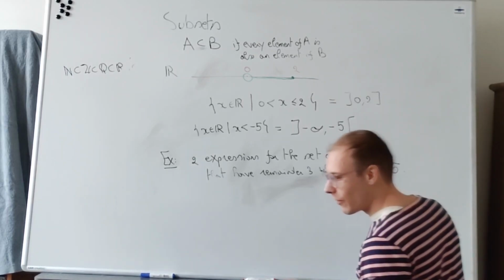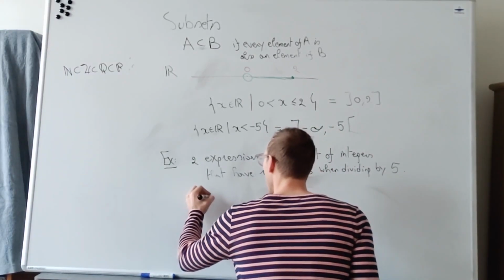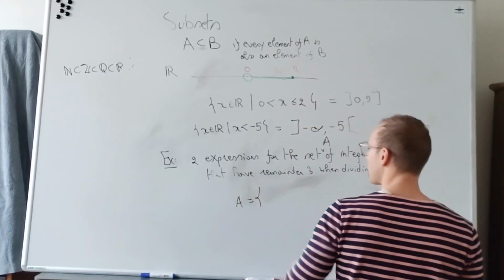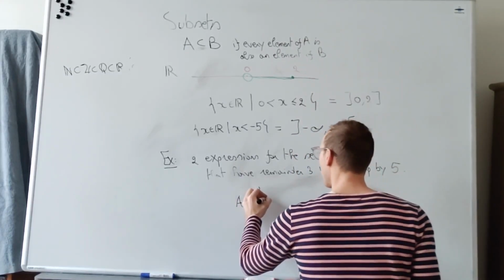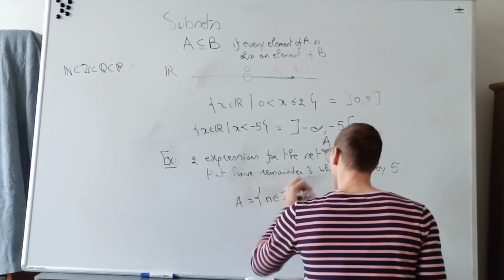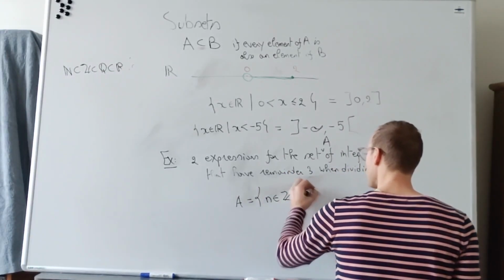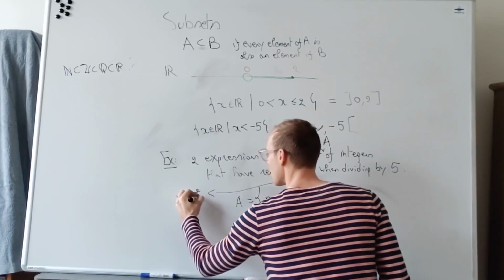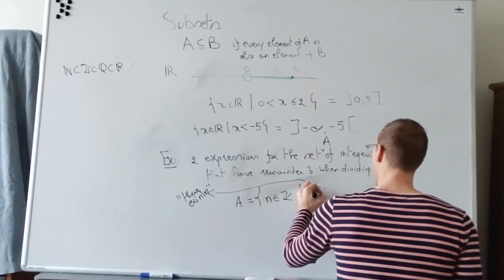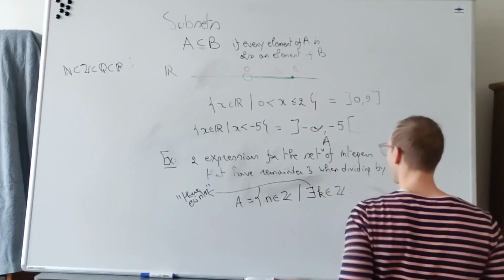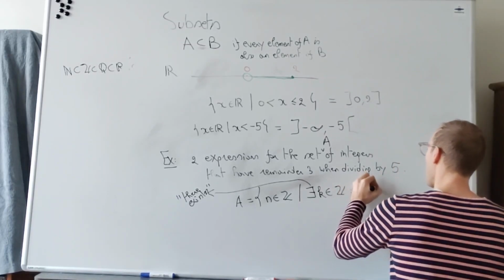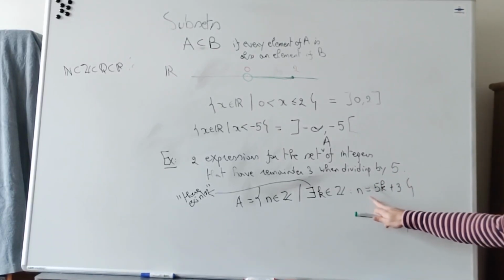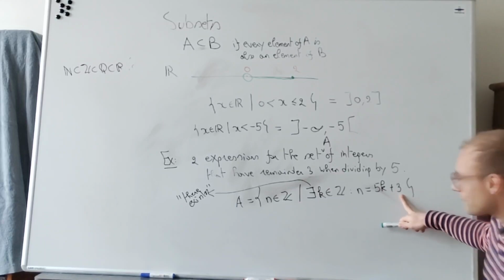Well, the first thing that you could do, we call this set A. I could say, okay, with the braces expression, it's a subset of the integers, so I say n is an integer for which it holds that there exists, this is a new symbol, there exists an integer k such that we can write n as 5 times k plus 3, because this is exactly saying that if you divide n by 5, the remainder equals 3.